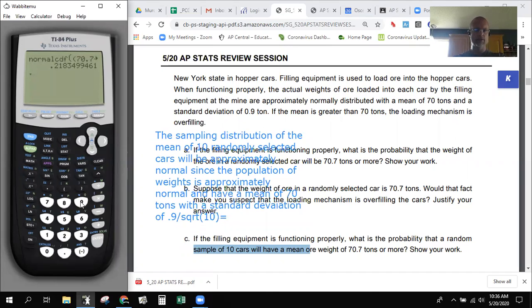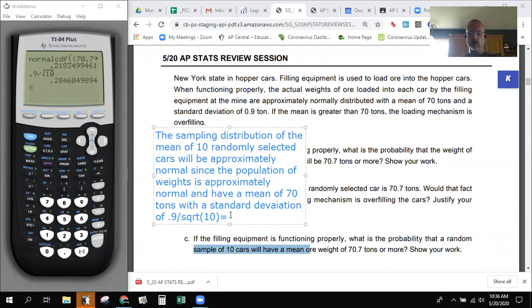So 0.9 divided by the square root of 10, enter. 0.28, so I'm going to come back over here. 0.2846, there. All right, so now we've got to get the probability.